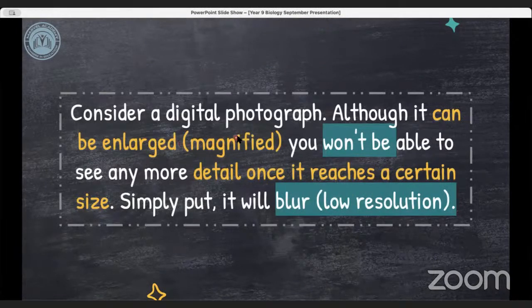Children, consider a digital photograph. Although it can be enlarged and magnified, you won't be able to see any more detail once it reaches a certain size. Simply put, it will be low in resolution. For example, if you take an image and keep zooming in, at a point, children, you can't see.